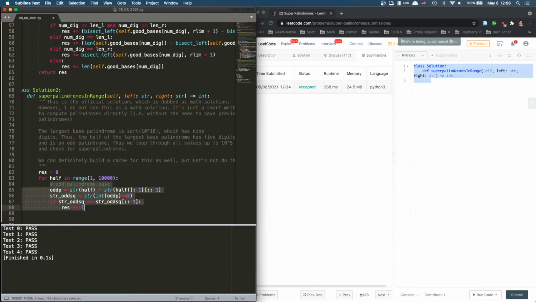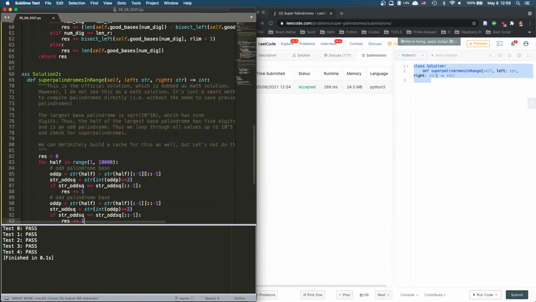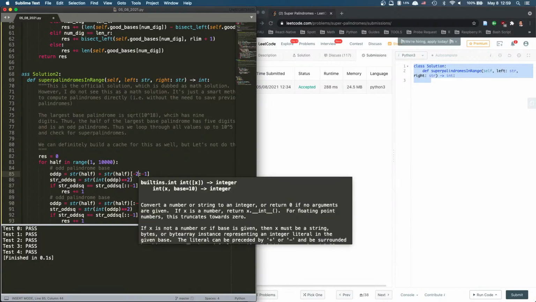Now, the exact same thing. We can just reverse it. Minus 2. I think this is the trick. From minus 2 to the end, but we reverse it.